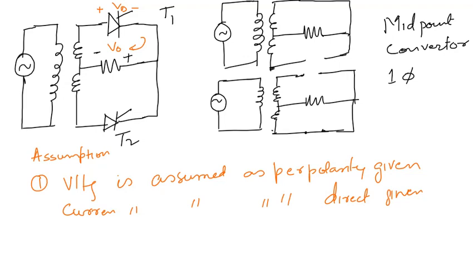Thirdly, the assumption is that all the devices that are used are ideal, and working under ideal states. That's it, these are my assumptions. So let's start how the working starts.